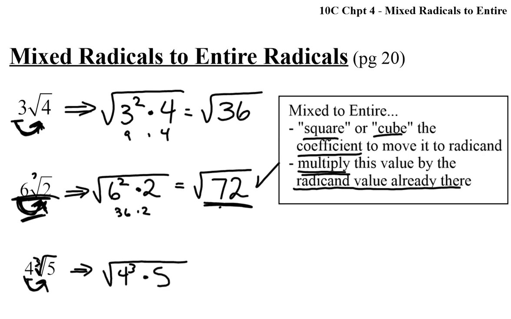With square roots, remember, our index is just 2. That's why we're squaring. But with a cube root, we need to cube it to put it back under. 4 cubed is 64 times 5. So 64 times 5 is 320.